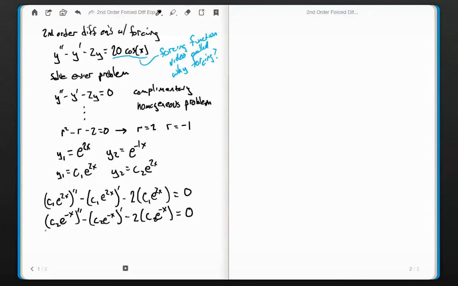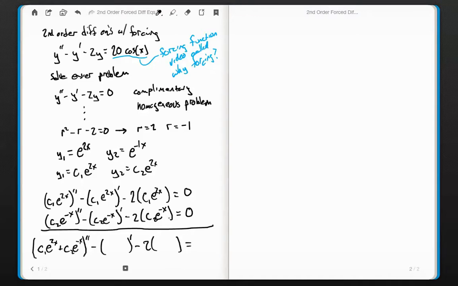Wow, all right. Now, if these two things separately each equal 0, I know that C1 e to the 2x plus C2 e to the negative x, double prime, minus this whole thing again, prime, minus 2 times this whole thing.